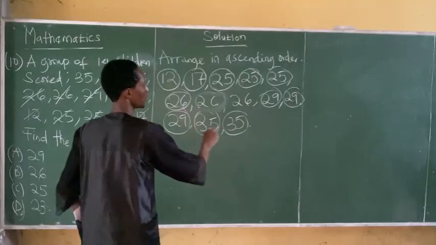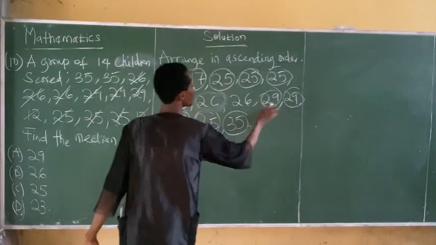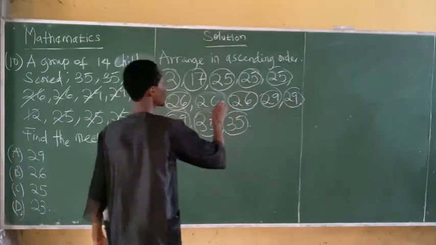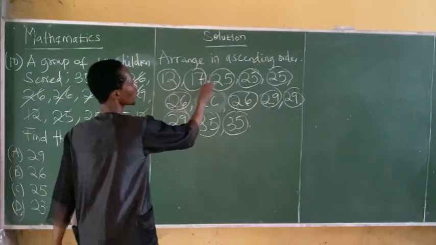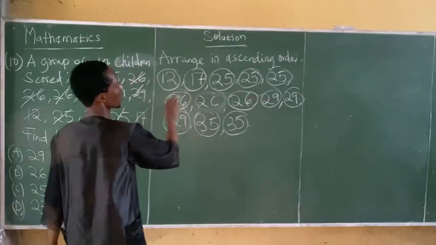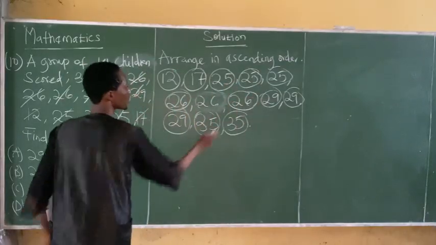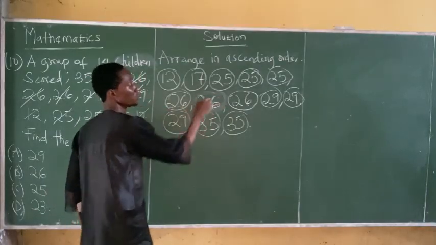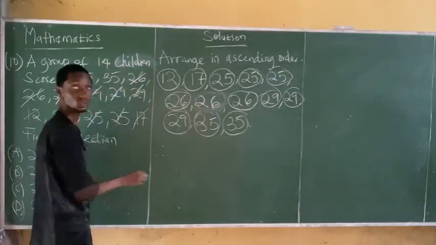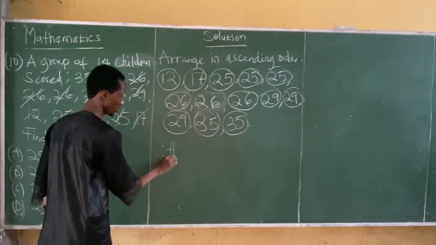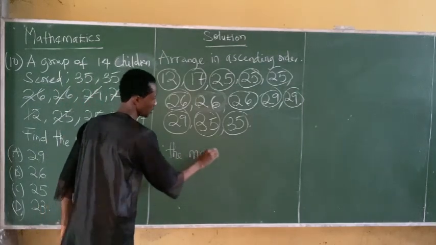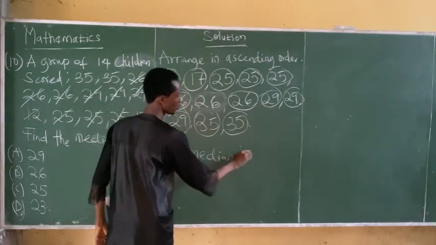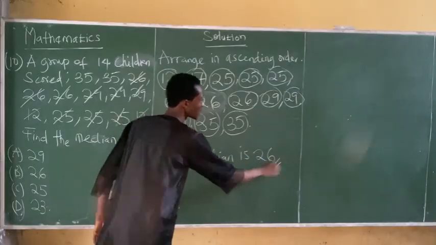We have 1, 2, 3, 4, 5, 6. The middle number is 26. If you count from this side, 1, 2, 3, 4, 5, 6, and from the other side, 1, 2, 3, 4, 5, 6, the number in between here is 26. This is the middle number. Therefore, the median here is 26. That is the middle number.